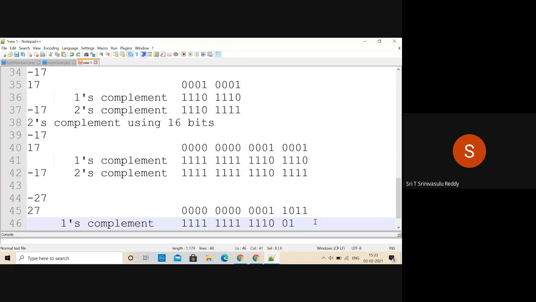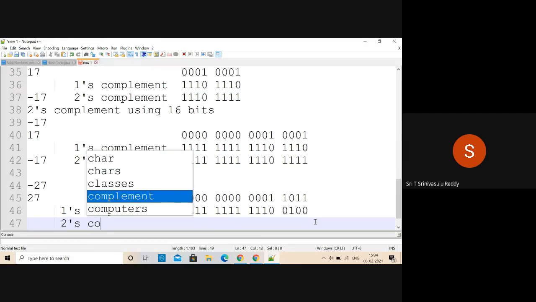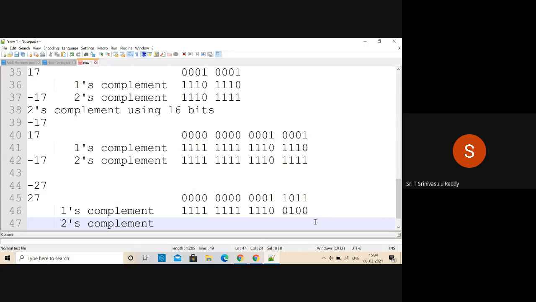Zero, 1, 0, 0. Whatever is plus 27, you are converting every 0 to 1 and 1 to 0. That is your one's complement. And then you want to find out what is two's complement.